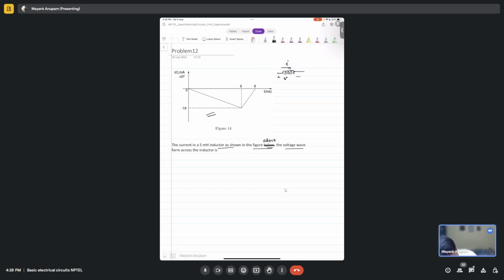This is a 5 Henry inductor. So what is the characteristic equation of an inductor, the voltage-current relationship? V is equal to L times di by dt, right?